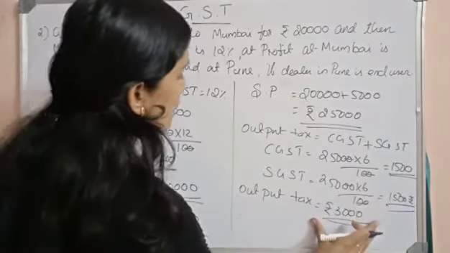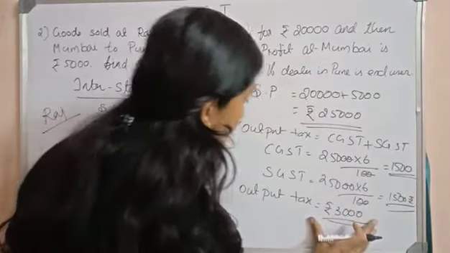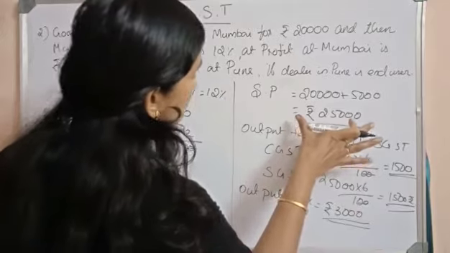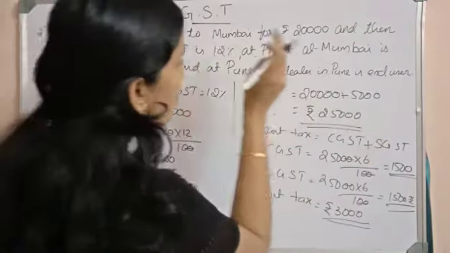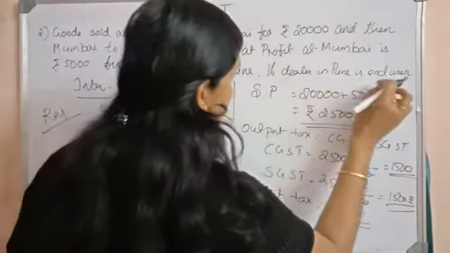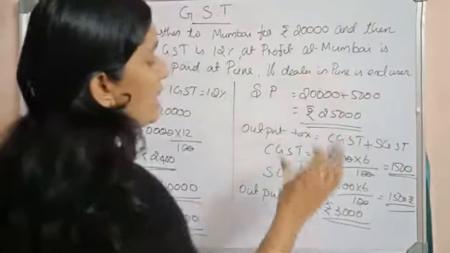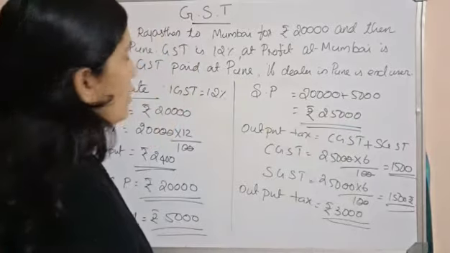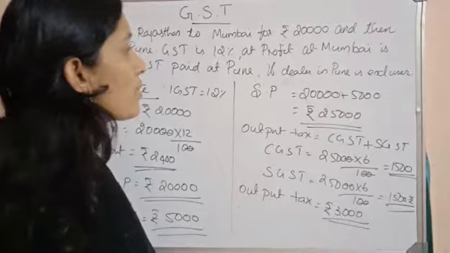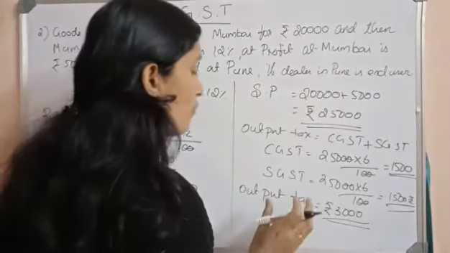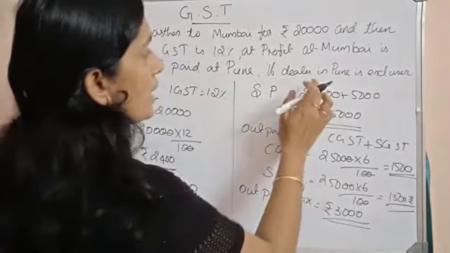He has to make a tax payment of rupees 3000 with a price 25,000 for the goods sold from Mumbai to Pune. And here Pune is the end user. Therefore, he cannot sell the goods to another person, and no output tax can be calculated in Pune. Therefore, only one tax can be calculated in Pune.